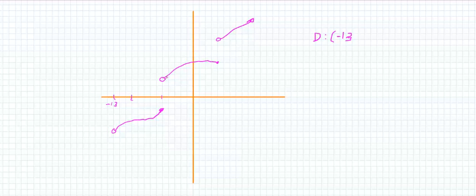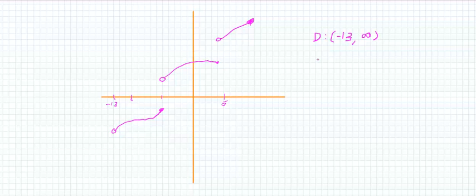It's continuous, and at 1, 2, 3, 4, I jump again, and I continue, and this is an arrow. So it goes from negative 13 to infinity.